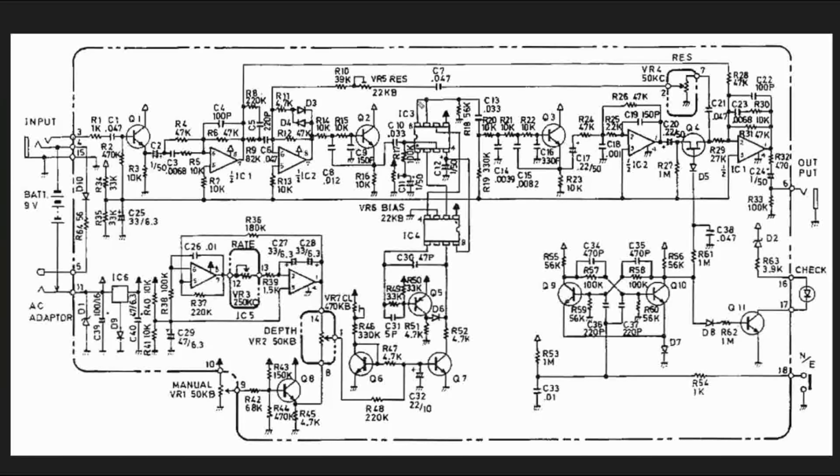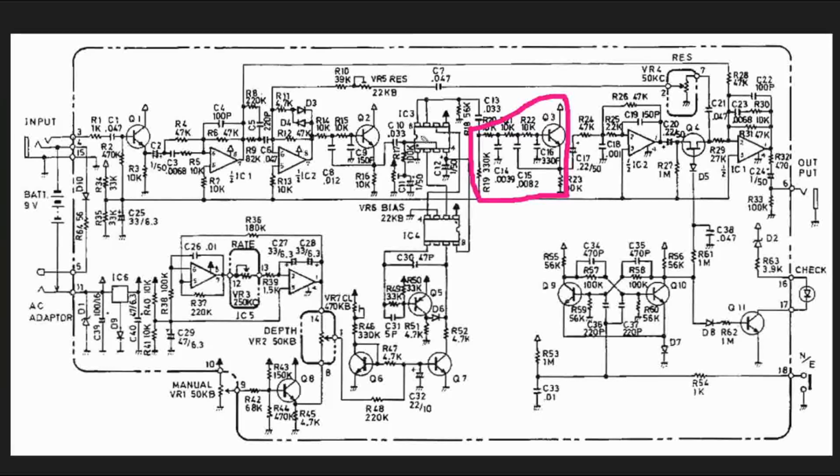On the output of our BBD, we have a DC blocking cap here, but then we have another low-pass filter stage. Okay, this is our third order Sallen-Key low-pass filter. This is what's referred to as the reconstruction filter, because every time we get signal out of this BBD, it's for a particular moment in time.